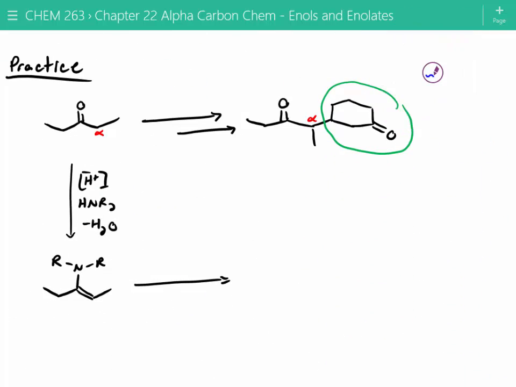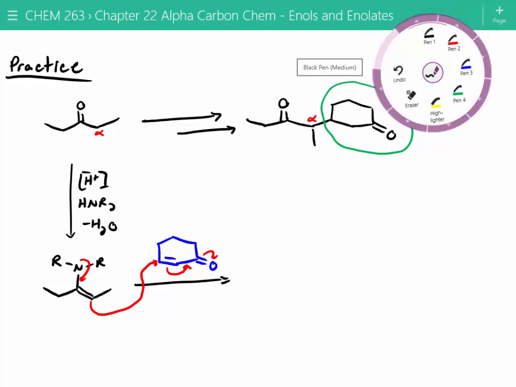If we react this with an alpha beta unsaturated ketone, then this lone pair can jump down. This position can attack here, kick over, kick up electrons onto that oxygen.